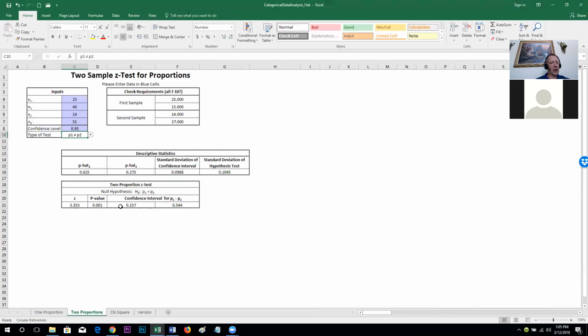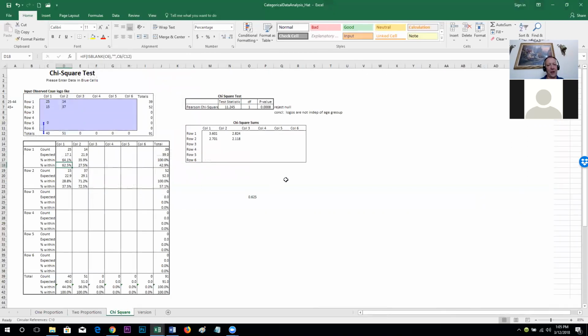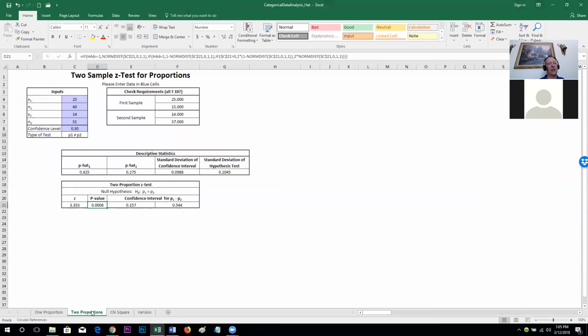So here's what's interesting. That's rounded. Let me add another digit here. Look, that p-value, 0.008, is exactly the same as that p-value there. Huh. So I could have done this one.